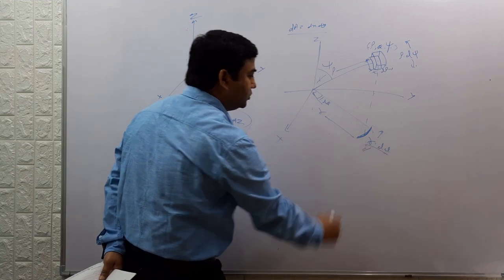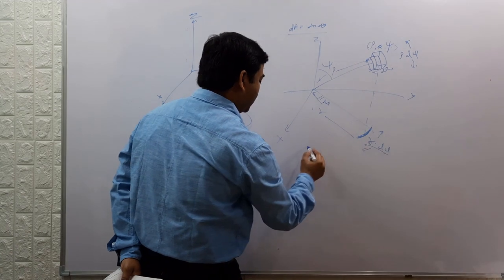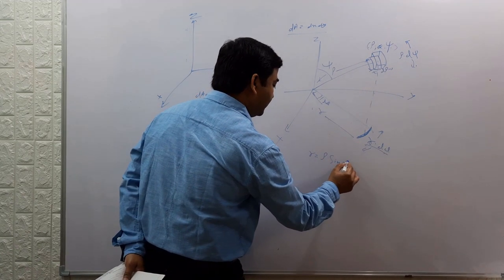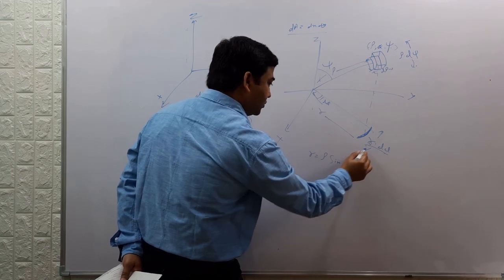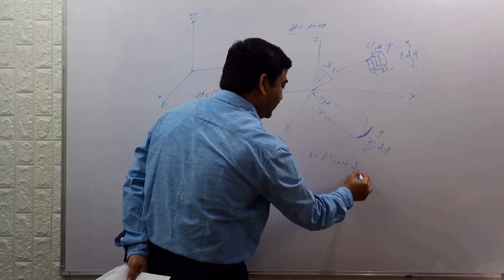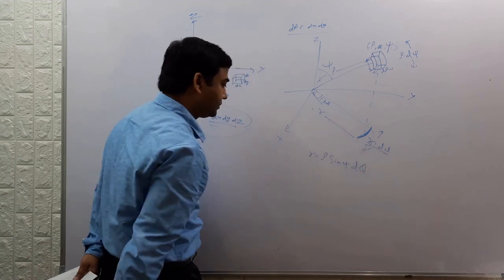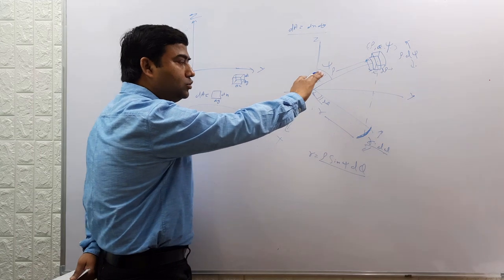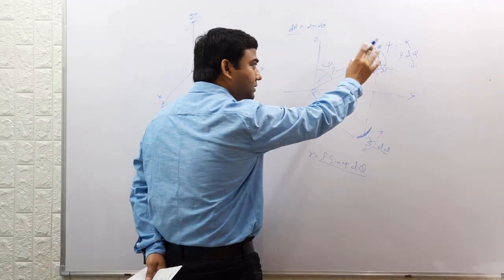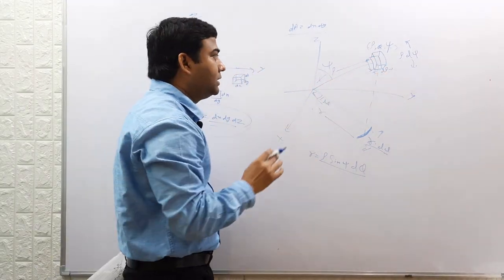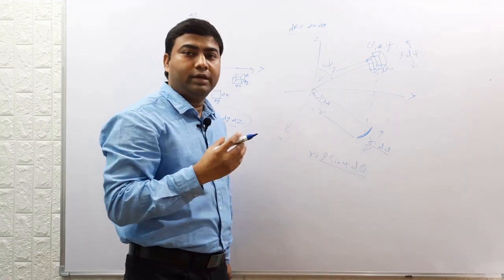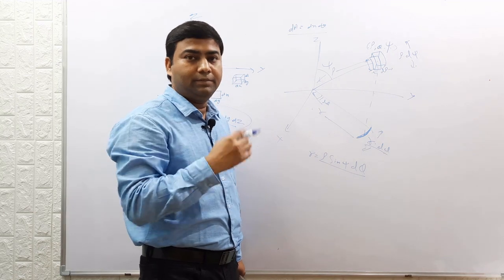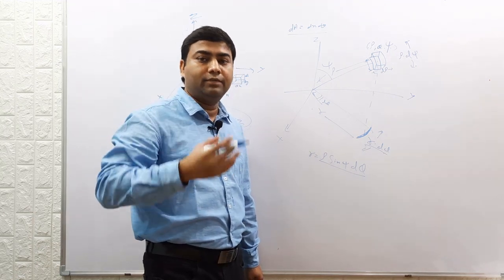So this r d theta, what is r? r is rho sin phi. So this r d theta will be rho sin phi d theta. Now multiply all these sides of this cuboid. Actually it is not a cuboid, it is spherical in nature, but as it is very small, we are assuming it as a cuboid. Multiplying all three sides gives the volume.